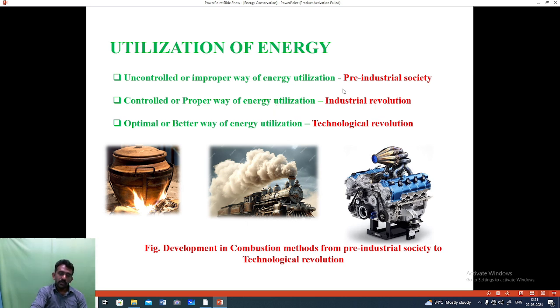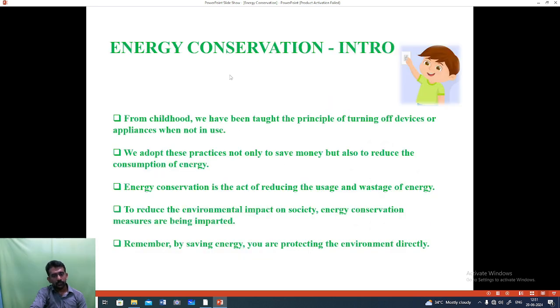Thereby the industrial era moved on to the technological revolution, and now it is at a very advanced stage, with better performance engines and systems available in the technological revolution of thermal energy.